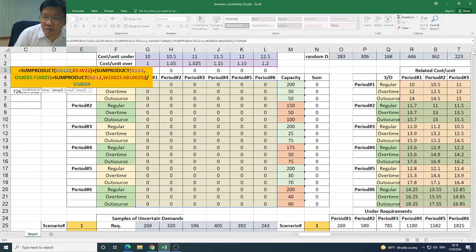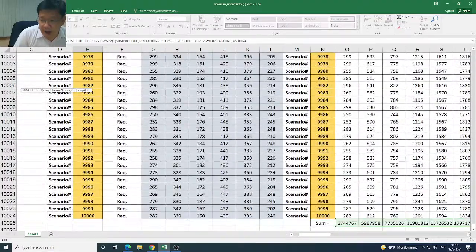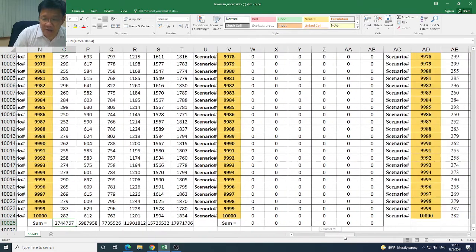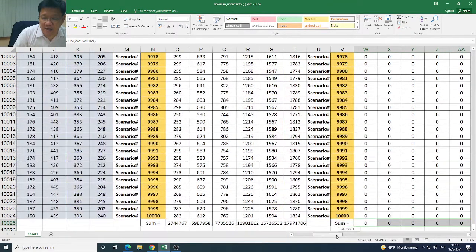This one you look down for the last one. I'm trying to combine. This one is a summation over all u, for 10,000 scenarios. This is the summation of all under, for each period, all together for 10,000 scenarios. And there's none for the over, because you didn't allocate any x ij initially.